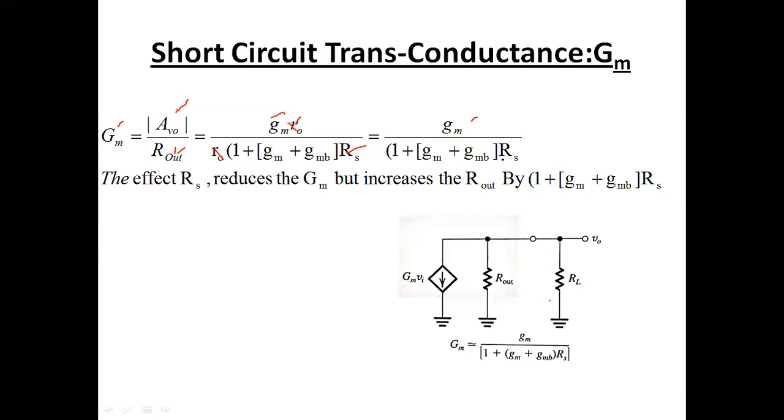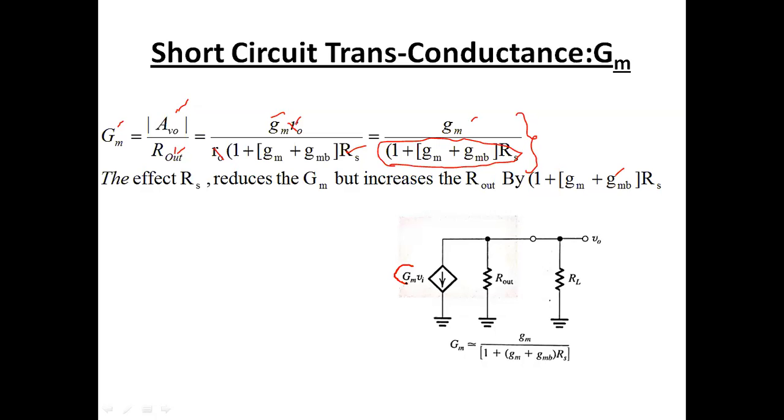Whenever RS is connected, the transconductance is divided by the degenerative factor. With the degenerative factor, output resistance increases and the gain decreases. This is very important. The effect of RS reduces GM, but R out is increased by this much. Now I am going to represent it in terms of transconductance.